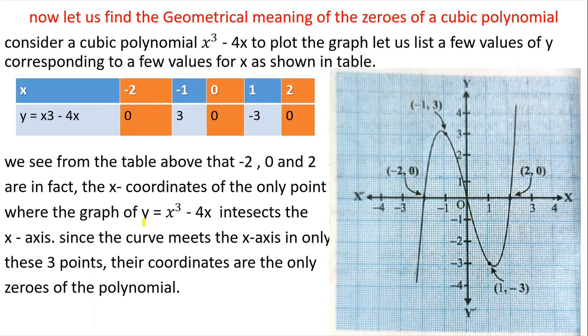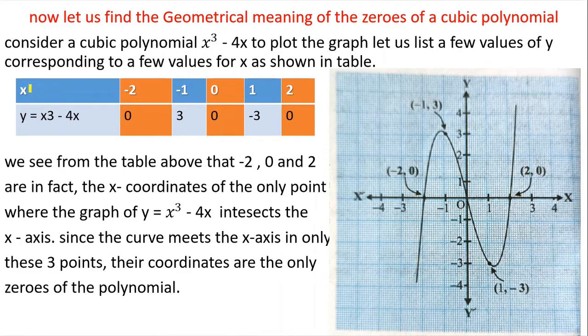Now, let us find the geometrical meaning of the zeros of a cubic polynomial. Let us consider the cubic polynomial x cube minus 4x. To plot the graph, we require some points. A point is nothing but the coordinates of x and y.